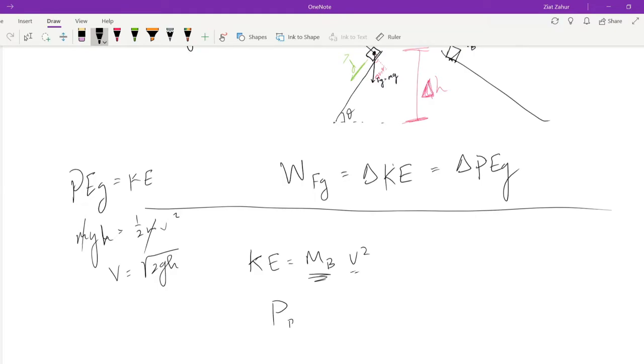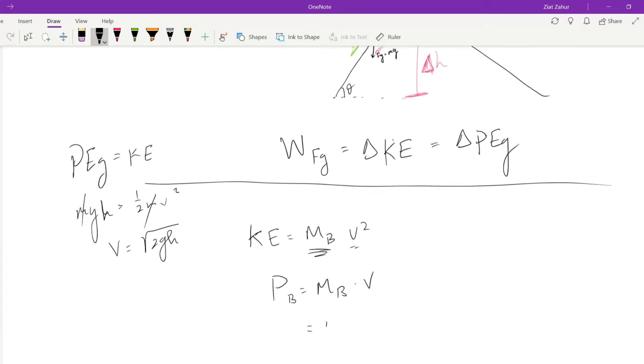Same thing with momentum. Momentum of B would be based on the mass of B times the same velocity v, and therefore momentum of B is much greater than momentum of A.